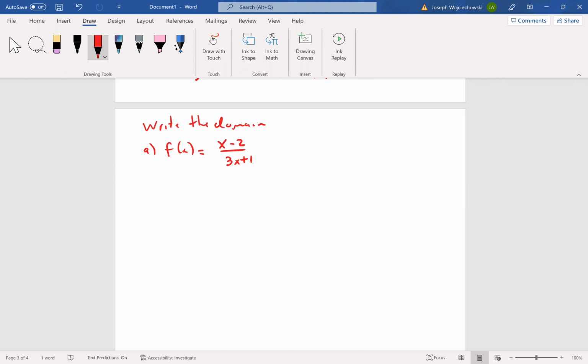So we don't have a radicand to worry about, but we have a fraction. So to find the value that is not able to be in our domain, we set the denominator equal to 0, solve for x.